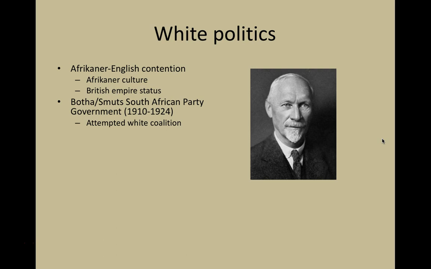Smuts and Botha were all about trying to create a coalition of all white people in South Africa. So to do that, they passed legislation, or they had rhetoric, that was perceived by Afrikaners as pro-British.